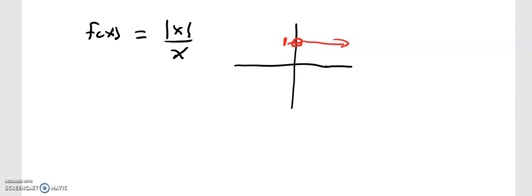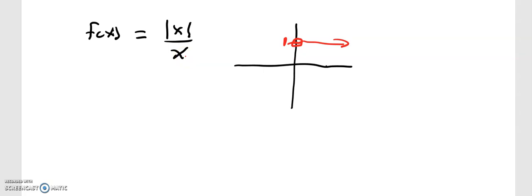So then what happens when I start plugging in negative values? Well, the numerator will stay positive because the absolute value of a negative becomes a positive. The bottom, however, will always stay negative. So if I have 1 over negative 1, that's negative 1. 2 over negative 2, excuse me, that's negative 1. 3 over negative 3 will be negative 1.